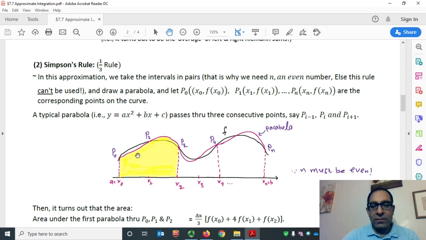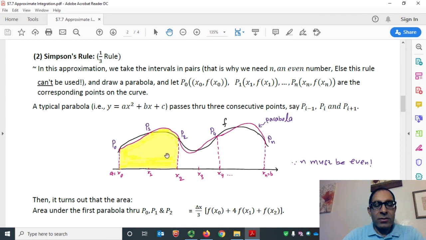So here is our function f, and again same as before, we partition the interval ab into n many partitions. So first point is x0, then second point is x1, then dot dot dot, xn is the same as the last point b, and P0, P1, P2, dot dot dot, Pn are the corresponding points on the curve.